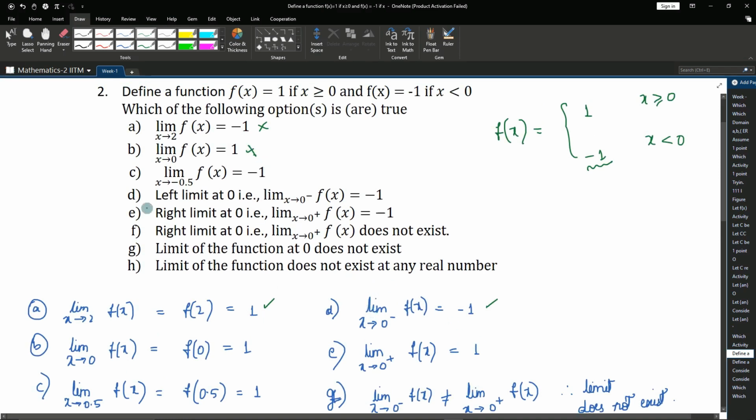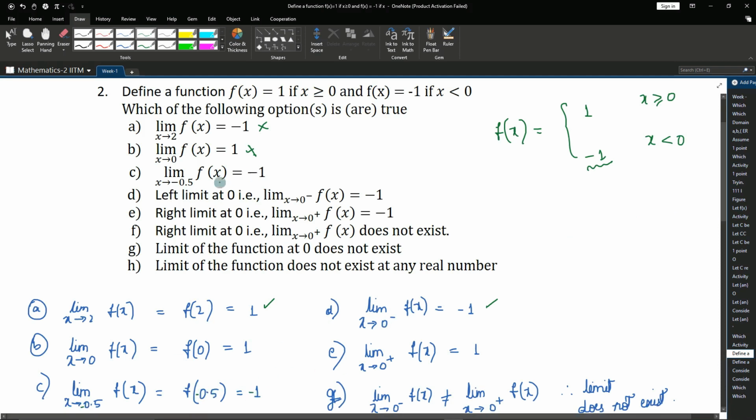So what about limit x tends to minus 1 by 2? If x tends to minus 1 by 2, the answer that we'll have is minus 1, because x is less than 0, we'll have minus 1 as the answer.